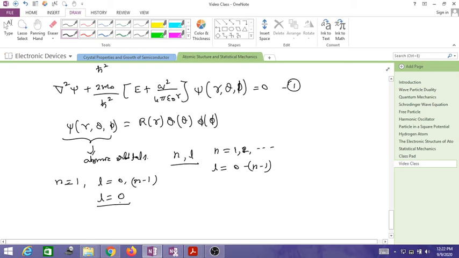It means the electron will be in the 1s orbital, and the electron described by this function is in the 1s orbital state.